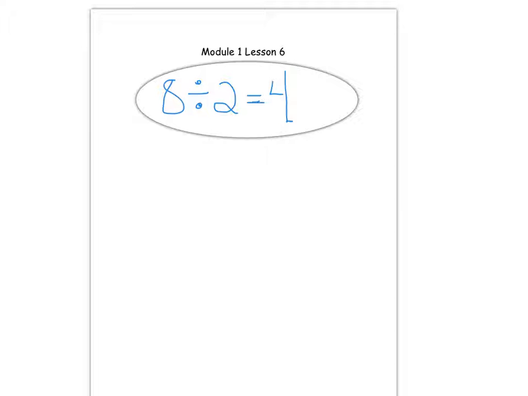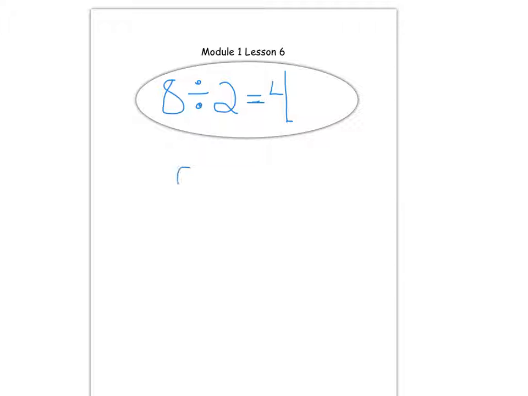So let's go ahead and draw our array. I can think about this problem as if I have 8 total counters and I'm dividing them into groups of 2. So if I have 8 total counters and I'm dividing them into groups of 2, I should have 4 rows, or the number of groups.